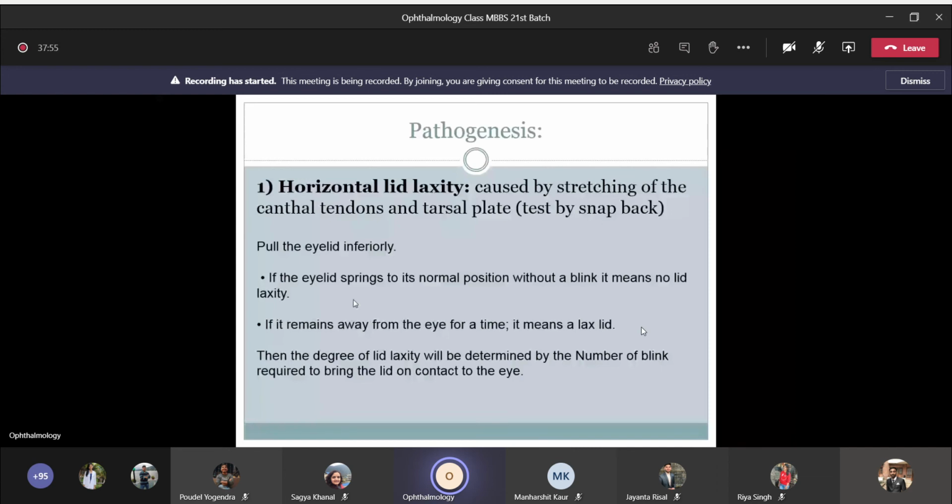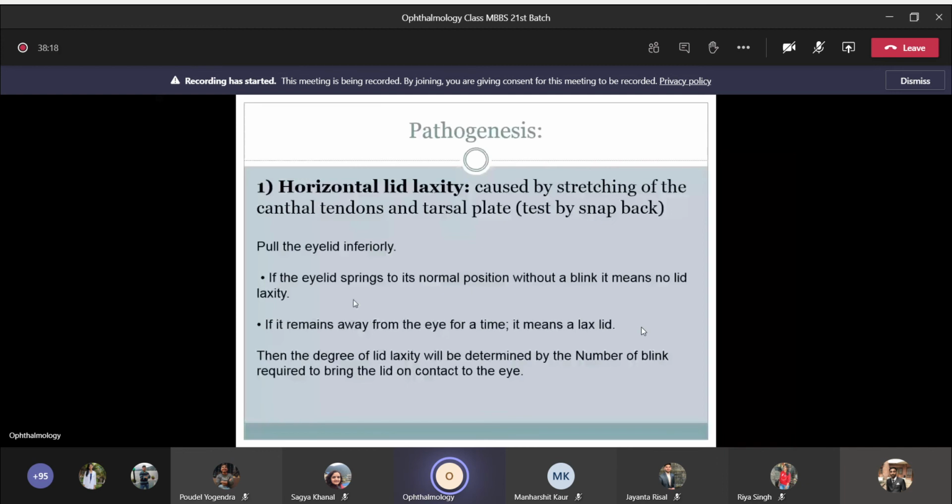Then the degree of lid laxity will be determined by the number of blinks required to bring the lid in contact to the eye. So we have to count the number of blinks, which is known as snapback test.